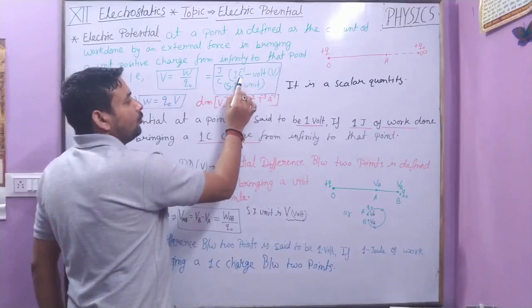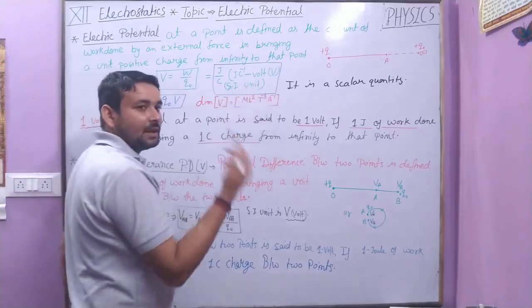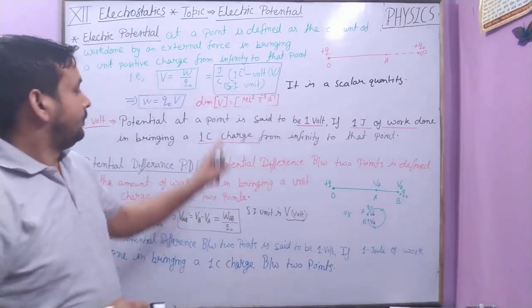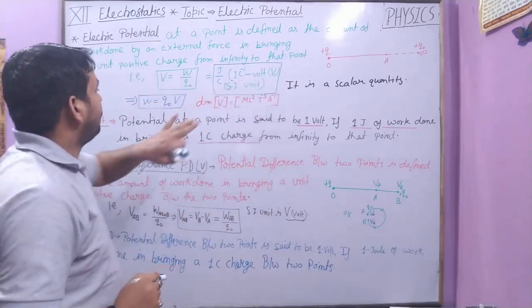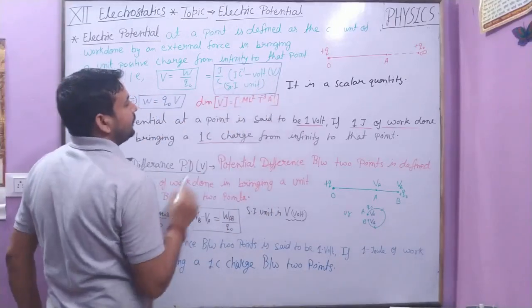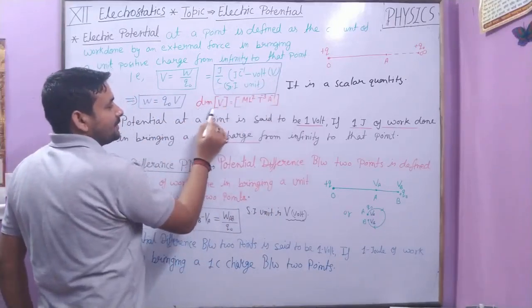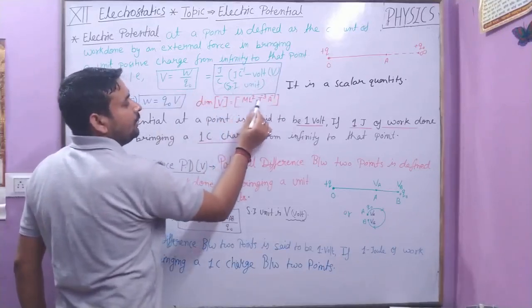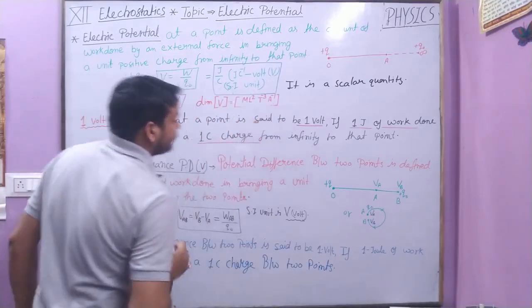So joule per coulomb is expressed in volt, named after the scientist, and represented by capital V. The dimensional formula for this is ML^2 T^-3 A^-1.